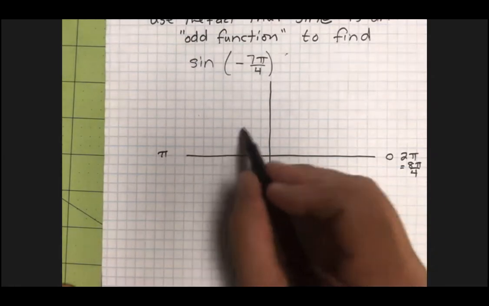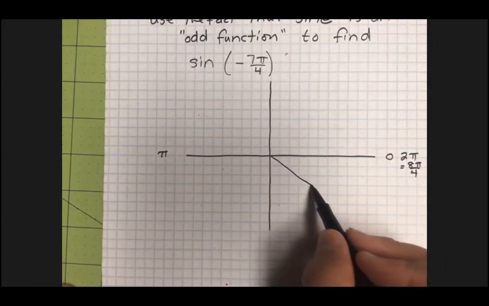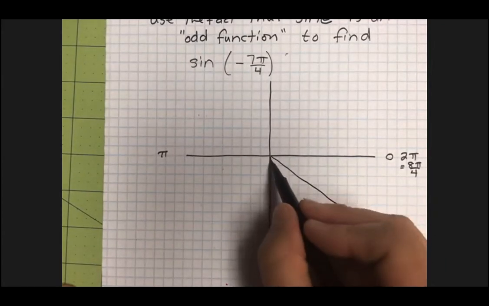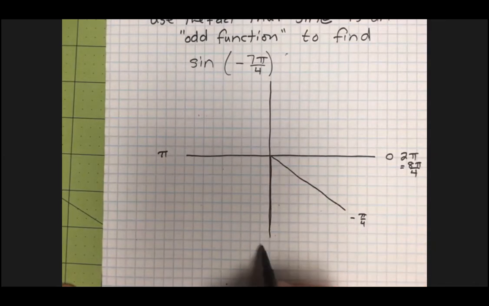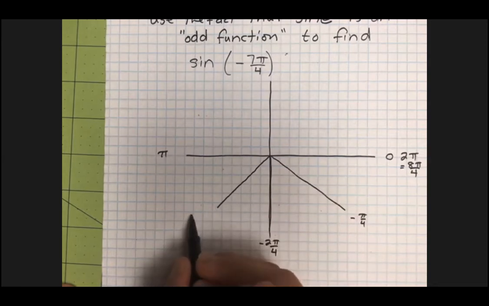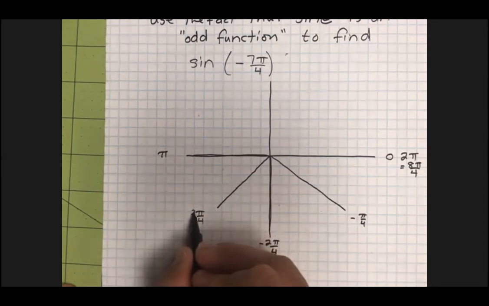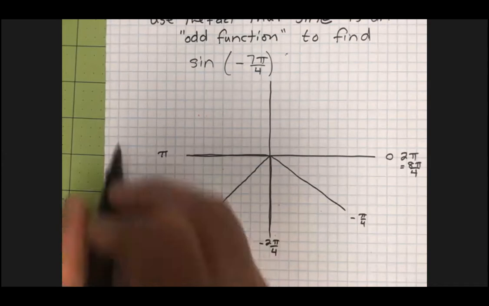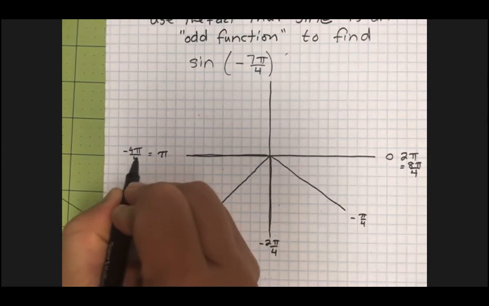I'm going clockwise. So here's 1 pi over 4 backwards, 2 pi over 4 negative. I'll label them. 3 pi over 4 negative. Nice large pieces of pizza. 4 pi over 4 negative.